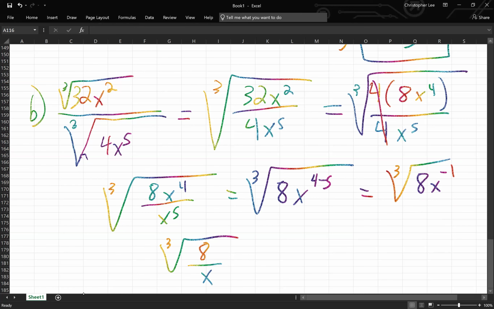Now we take the cube root of this: cube root of 8, cube root of x. We know that's just plain 2 over the cube root of x. And remember, it's illegal for me to have radicals in my denominator, so we have to multiply by the conjugate.